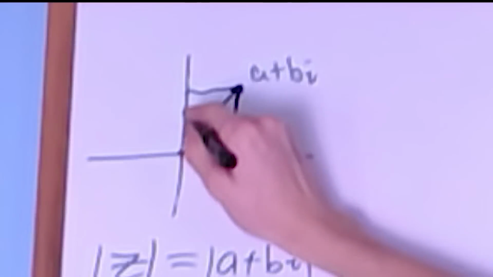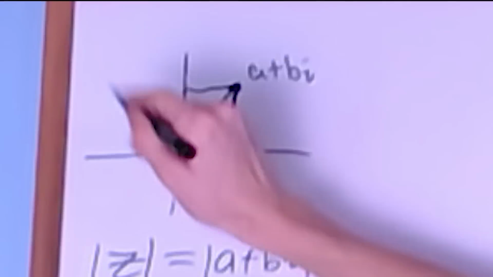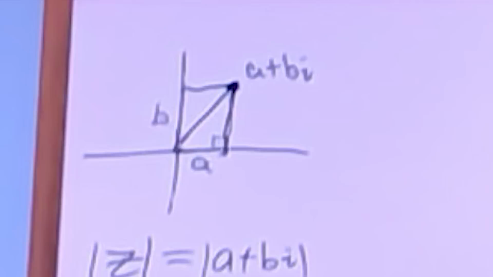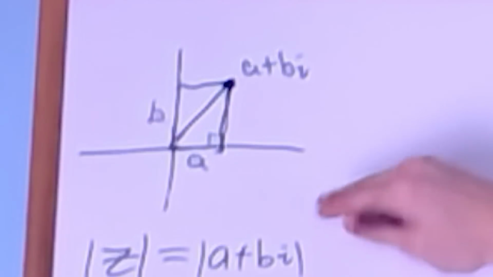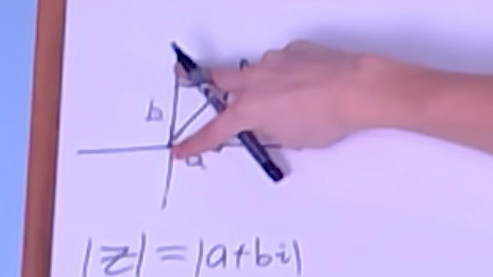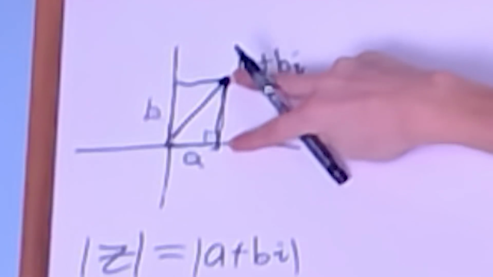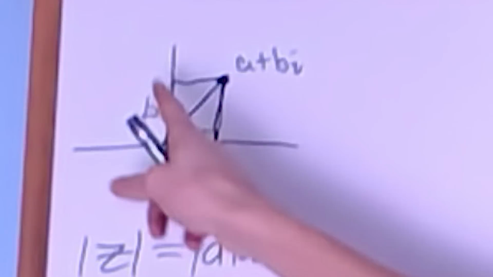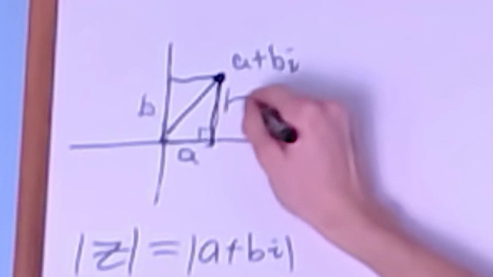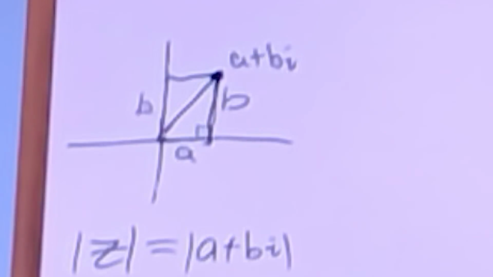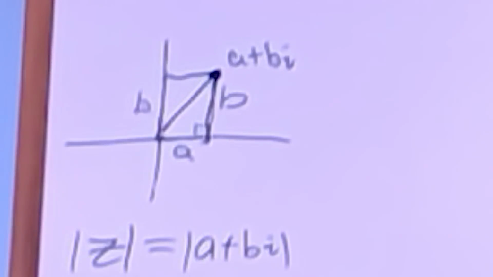Then this length right here is obviously b. This is clearly a rectangle, so this length is the same as this length, and I can move that length across. So right there is also b. So this is an a by b right triangle.